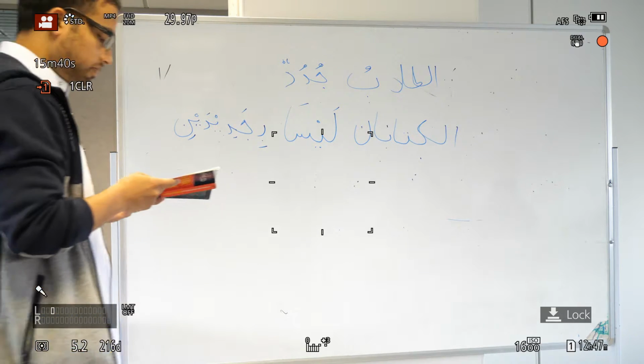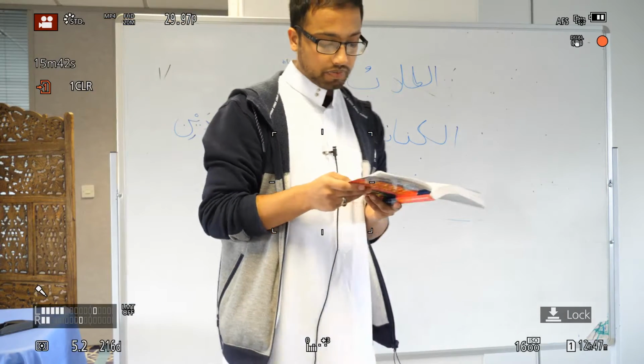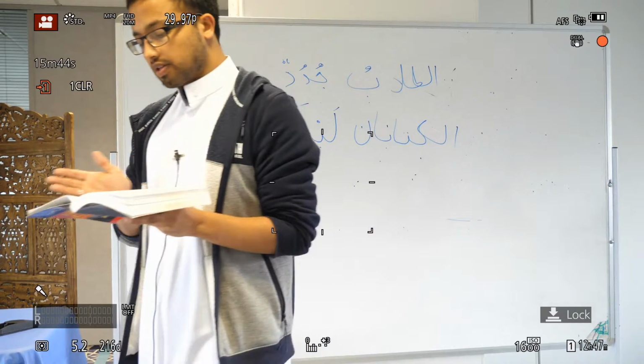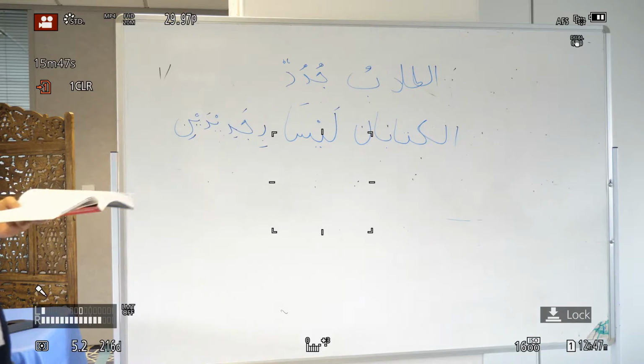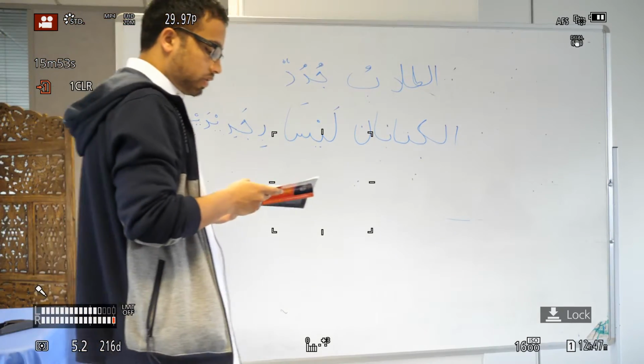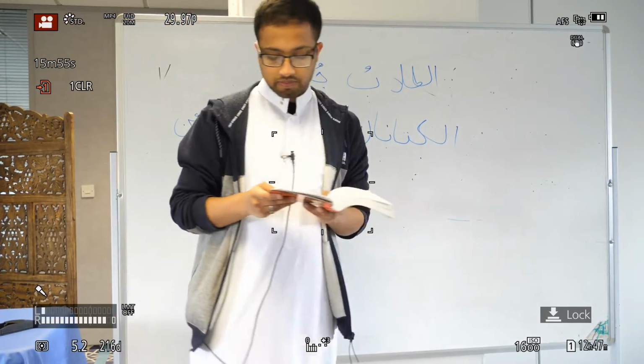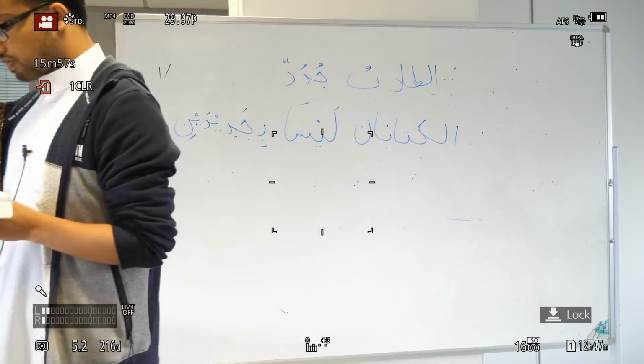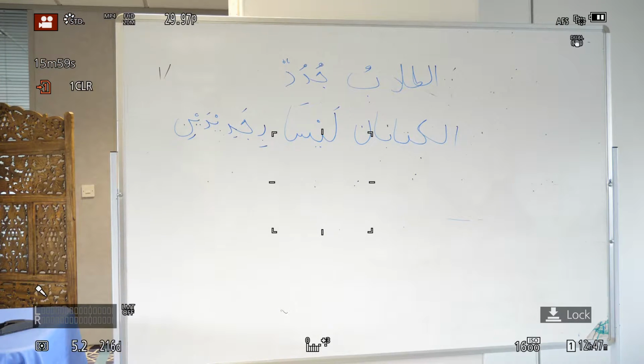Naima, Aminatu Tabibatun. So we're going to read it out first, and then the second part you're going to make it into a jumla ismiya, jumla fi'liya. So you're going to begin with laysa instead. So Aminatu Tabibatun. Yeah. So Aminatu.